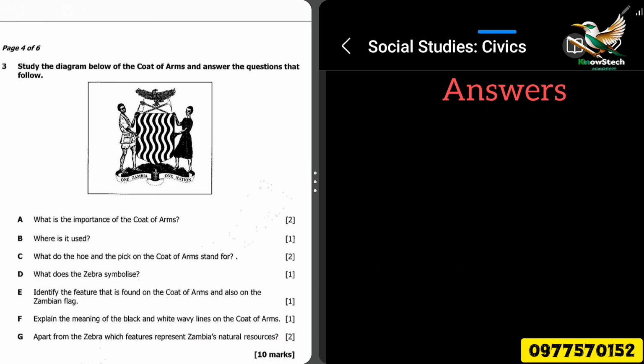And the third one is the zebra itself. But we are asked, apart from the zebra, so we have the mine shaft head and the maize cob. They represent Zambia's natural resources. Are we together? Right. So that's all for civic education, which is civics.